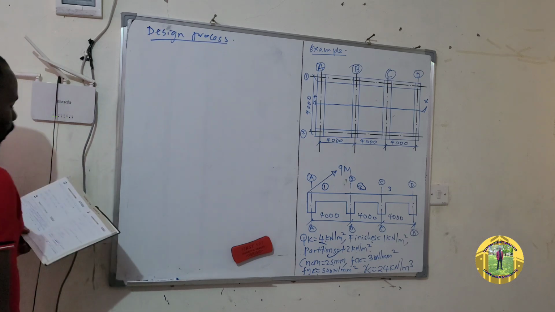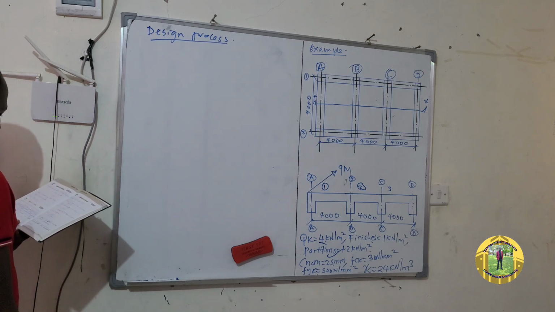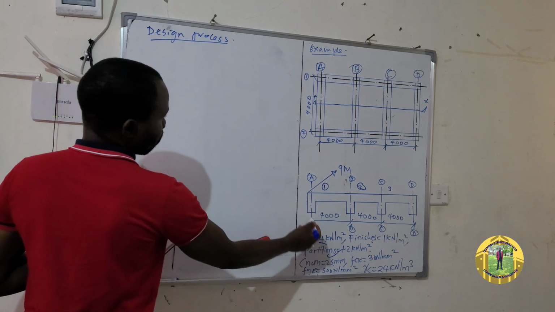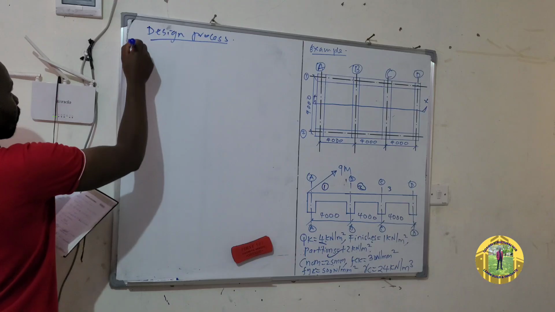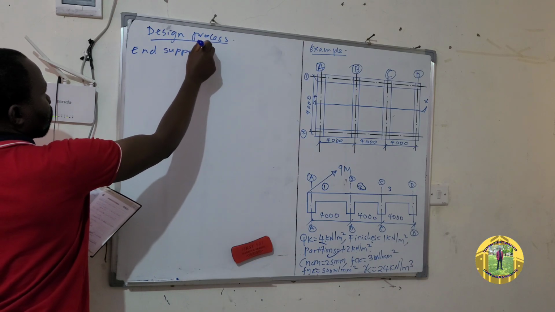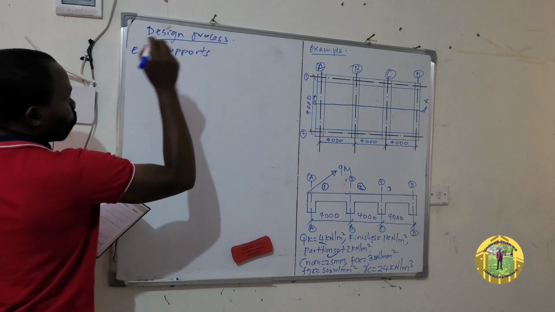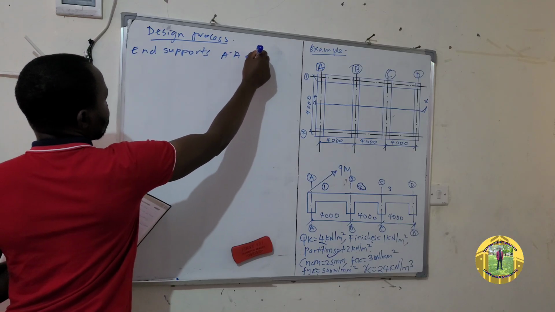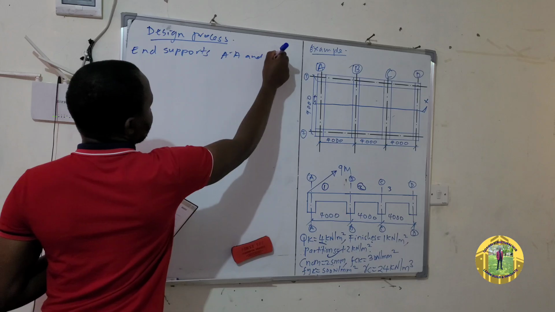We begin by what we call support AA or DD. You can see this is the end support. So we begin by end support, supports AA and DD.